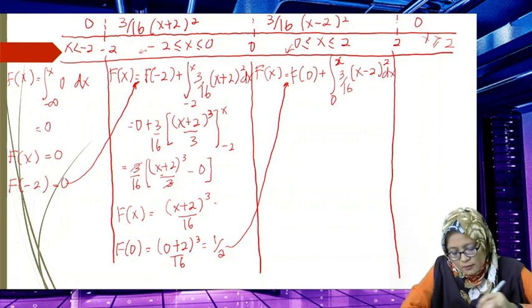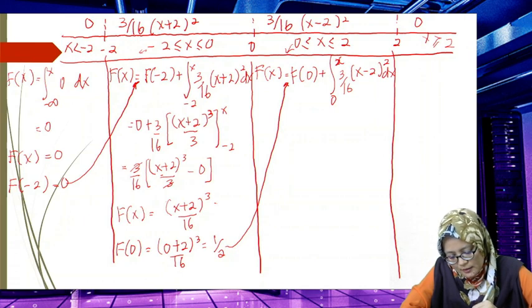Okay, so F(0) is this value, one half. Put in one half. Then integrate 3/16 (x minus 2) cube over 3.